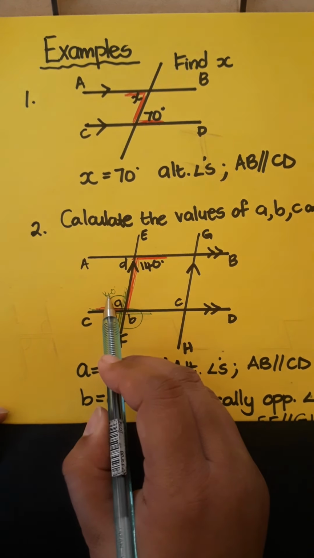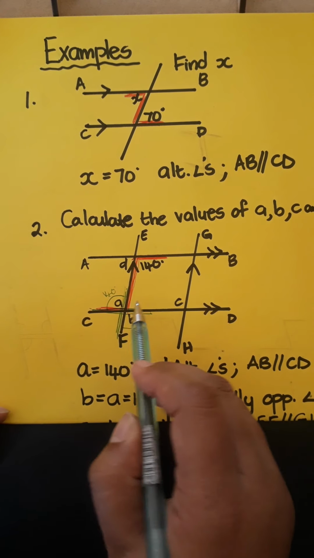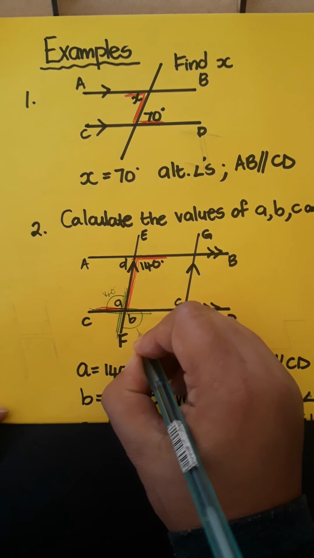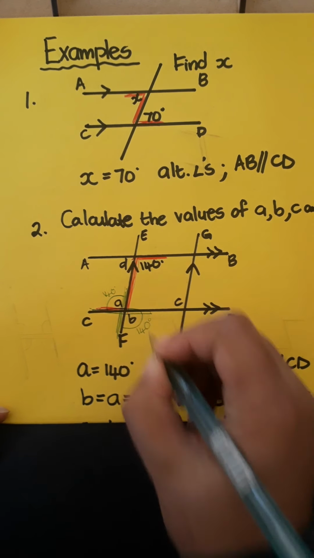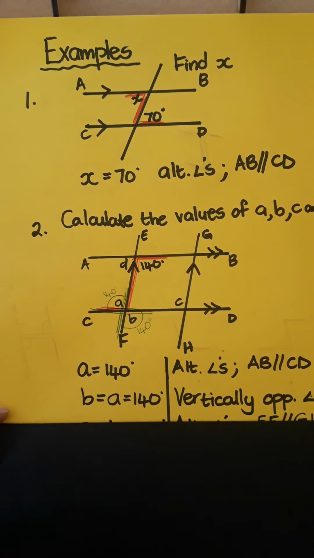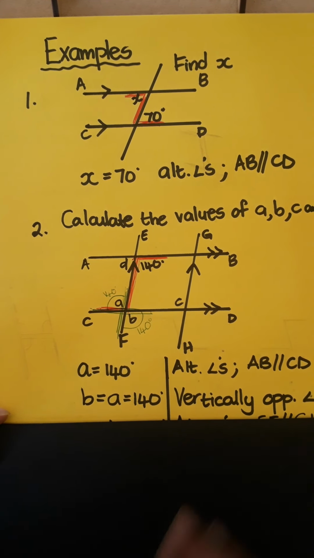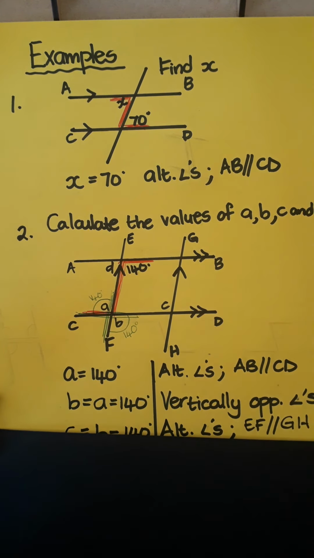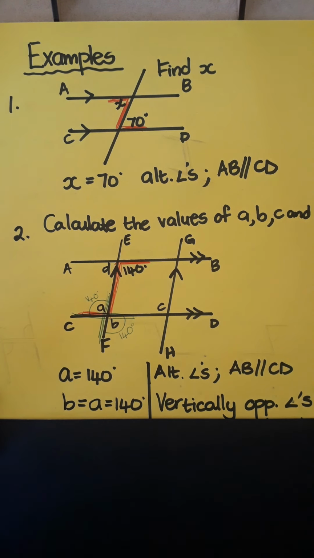But if this is 140, look what this is? X shape, vertically opposite, so this would be 140 degrees. When they are opposite each other in an X shape like that, we call them vertically opposite angles. Say it with me, vertically opposite angles.